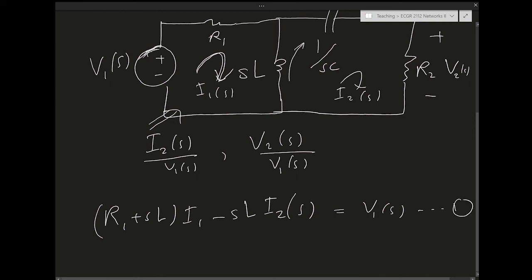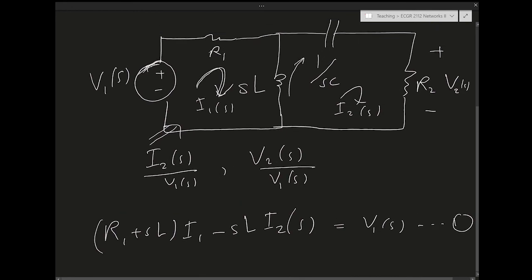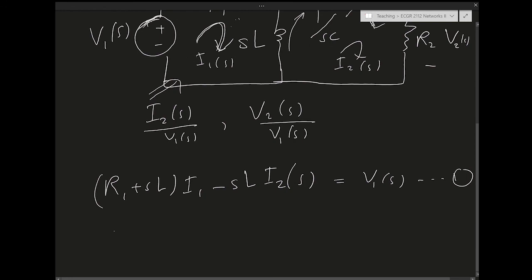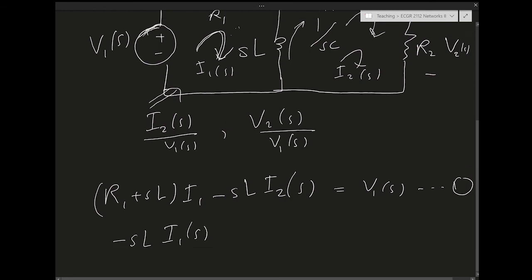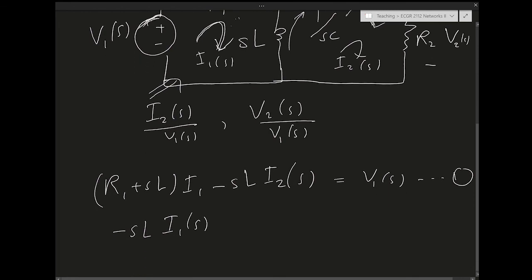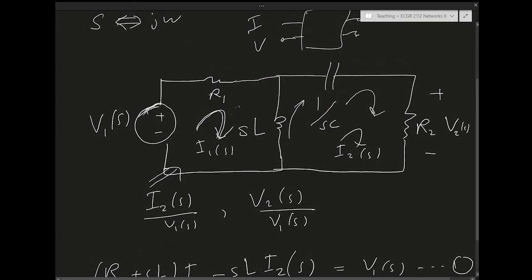Now we go to the second mesh, right? Before we do the loop, let's do the component from this mesh. So this is a minus I1 times SL. The first component of the equation will be minus SL I1(S), and then we'll go through the loop. We're going to have the total impedance, which is SL plus 1 over SC plus R2.